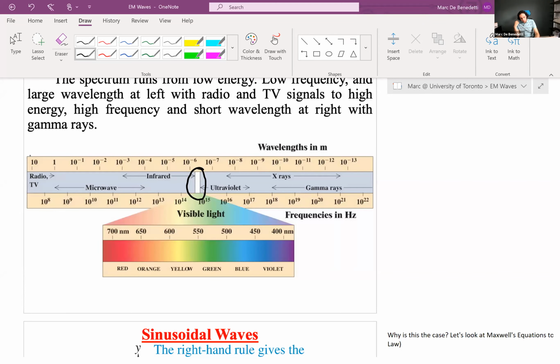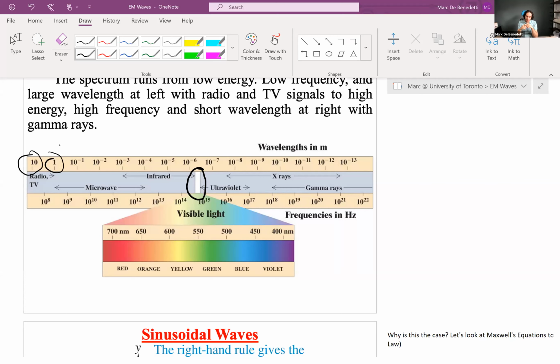Some context for you. Radio waves and TV waves, like literally in your car when they broadcast a radio station, those wavelengths are on the order of magnitude of meters. Now, the length of your car is probably about 5 or 6 meters, bumper to bumper.